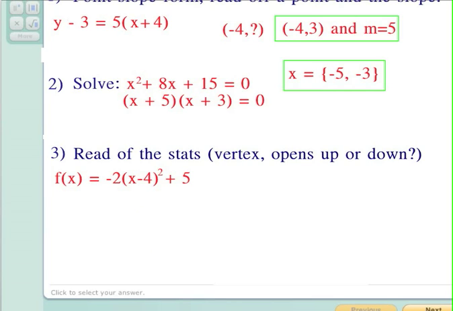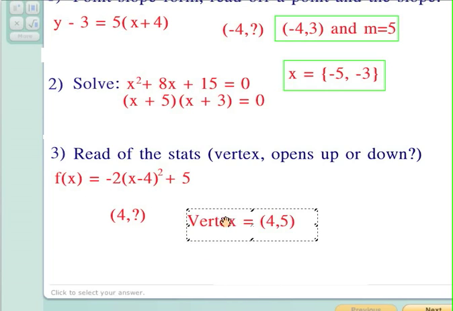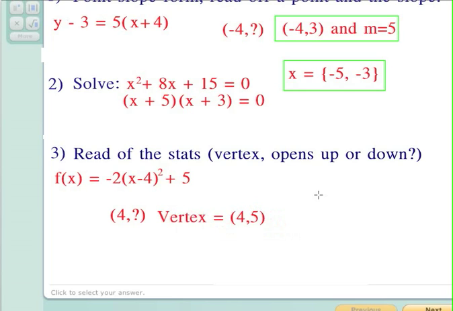And that gives us half the vertex. It's the same exact game because look, when x is equal to 4, this is going to be 0, and negative 2 times 0 is 0, and all this is going to vanish. And so what is y equal to? Well, y is the left-hand side, so y is equal to 5. And so we're able to complete our vertex as 4 comma 5.